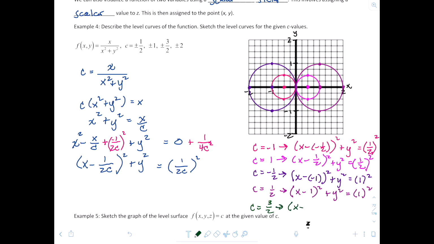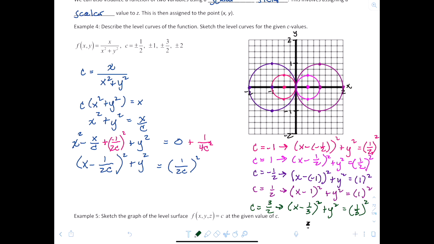We'll get x minus, so 3/2, and for c, the 2's would divide out, so you'd have 1/3, I think, right? x minus 1/3 squared plus y squared would equal 1/3 squared.